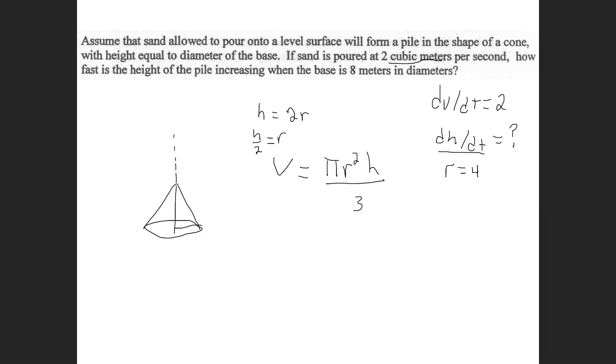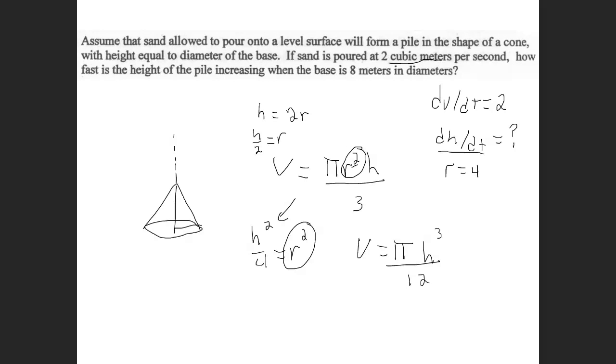H squared over 4 is equal to R squared. And why did I do that? Because in place of R squared in this formula, I want to put this. So now I'm going to end up with volume is equal to pi H to the third over 12. All I did is I put H squared over 4 here, and that gave me H to the third, and then 4 times 3 is 12.